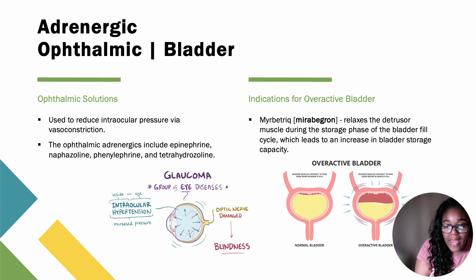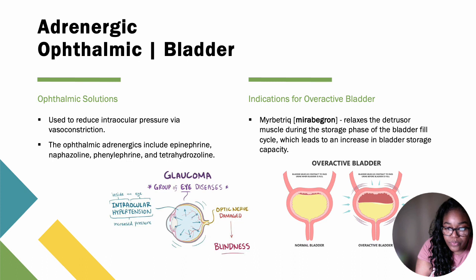As far as the bladder, we've seen this work before, Myrbetriq or mirabegron, and this helps to relax your detrusor muscles in the bladder. So again, when we stimulate our adrenergic receptors, it shunts the bladder from working basically.